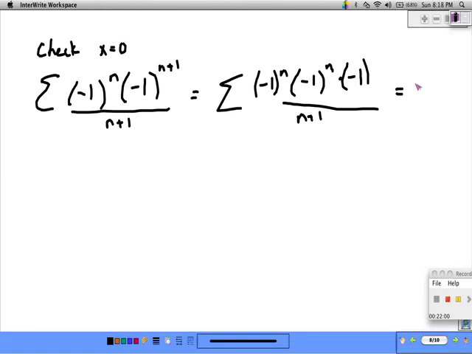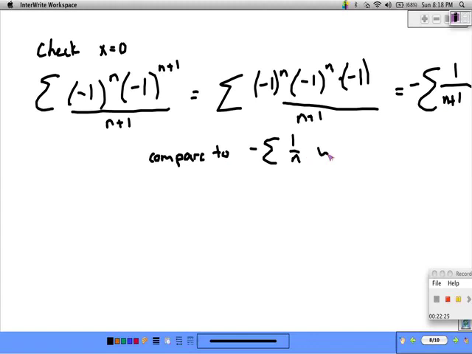Well, that just simplifies to 1 over n plus 1, the opposite of that. And for this series, we want to compare this to the opposite of the harmonic series, which diverges.